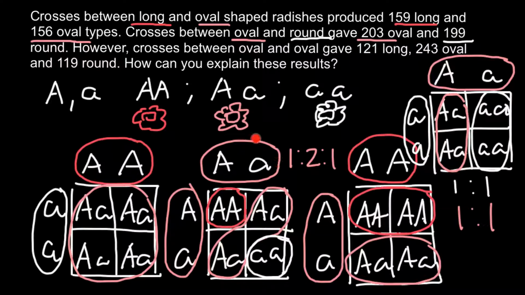So this is the example where we cross, like in our first example, a plant with pink flowers with another plant with pink flowers, but in our problem we have an oval shaped radish that we cross with an oval shaped radish, and the result of such a cross would be a 1 to 2 to 1 ratio of different shapes: long, oval, and round.